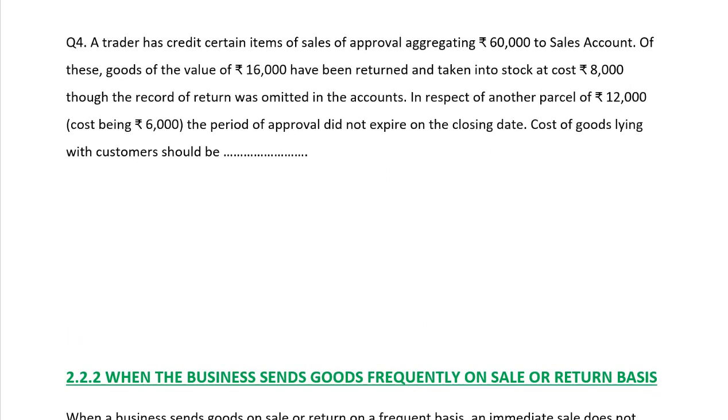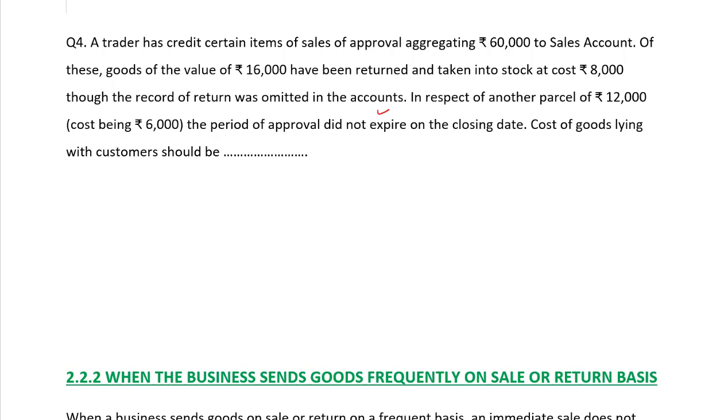Next question, question 4. A retailer has credited certain items of sales on approval basis, rupees 60,000, to sales account. Of these, goods of value 16,000 have been returned. So out of the 60,000, 16,000 is returned and taken into stock at a cost of 8,000. Though the record of return was omitted in the books, in respect of another parcel of 12,000, cost being 6,000, the period of approval did not expire on the closing date.